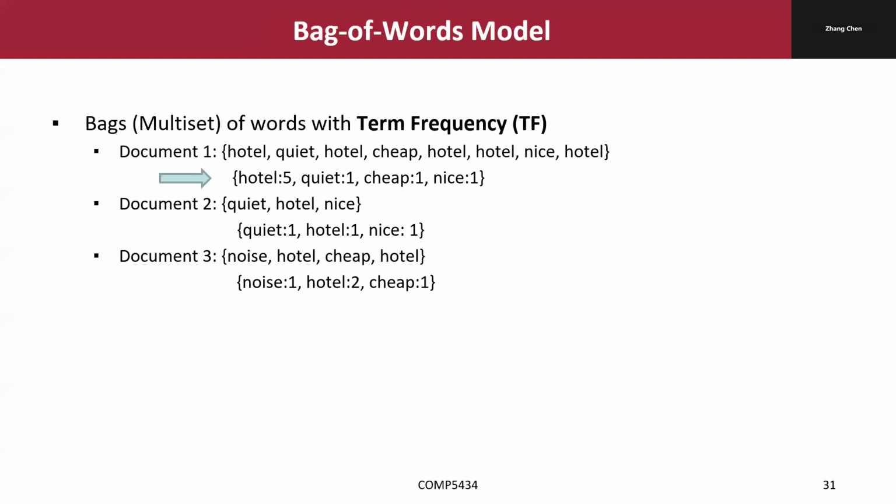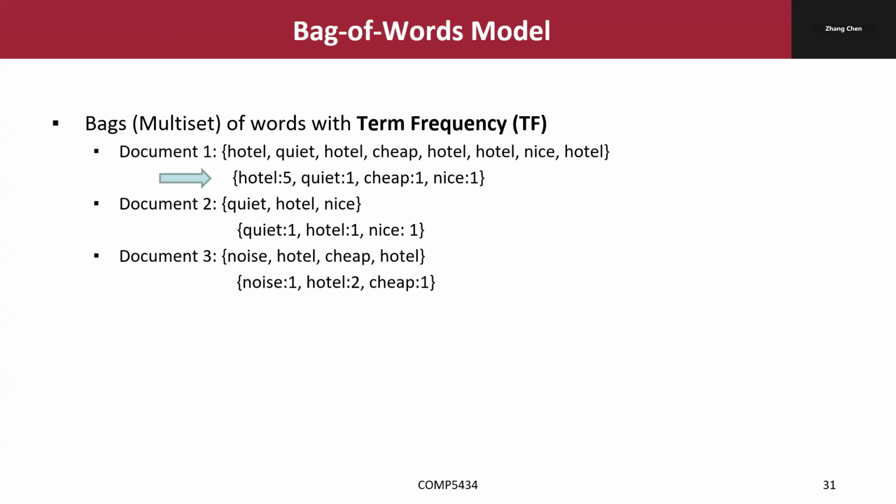So we got hotel 5 times, quiet once, cheap once, nice once. Very straightforward. And document 2, similarly, has quiet, hotel, nice, each of which appears only once. And document 3 has noise, hotel, and cheap, where hotel appears twice. So you can see here hotel 2, while the other two vocabulary words appear only once.